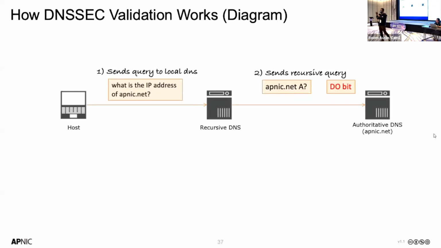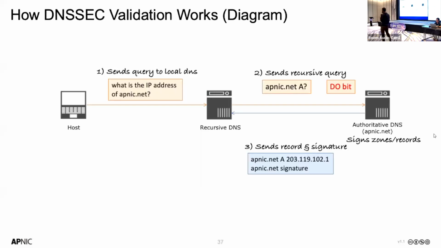In our case, apnic.net's authoritative DNS has DNSSEC configured, and the request includes the DO bit. That means it's going to answer with the IP address or A record, and if there are any signatures or keys corresponding to that A record, it's going to supply those with the answer. So it has the signed zone and record, and it answers that to the recursive DNS.